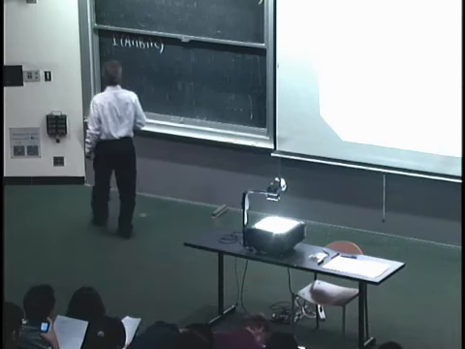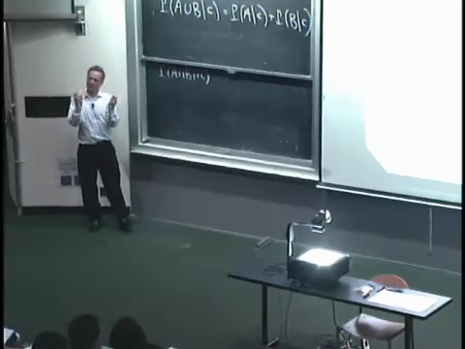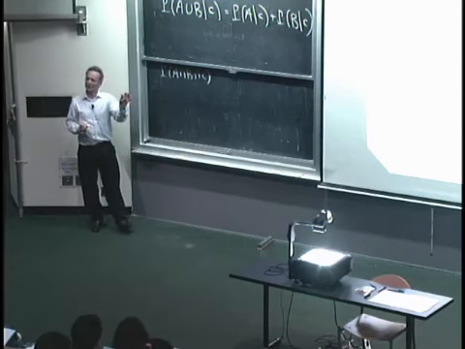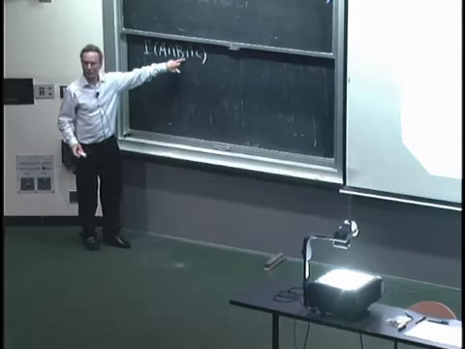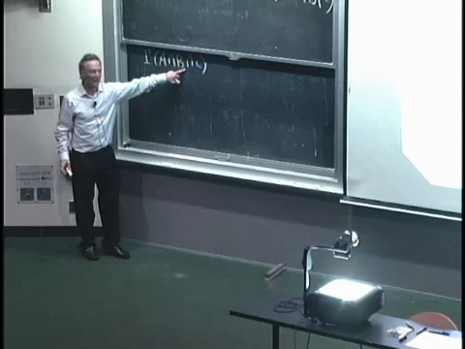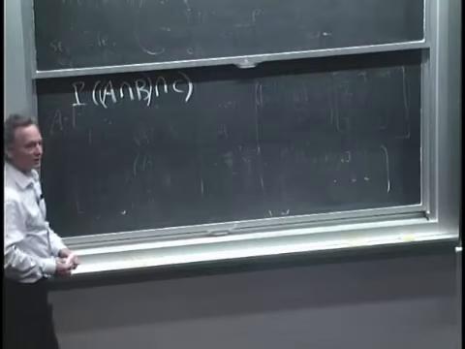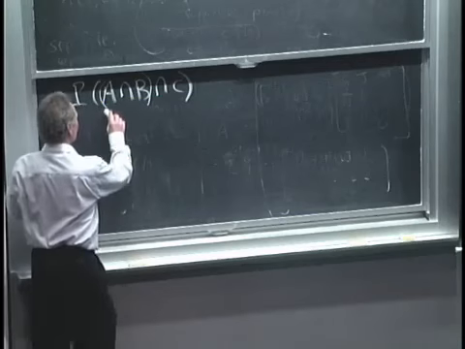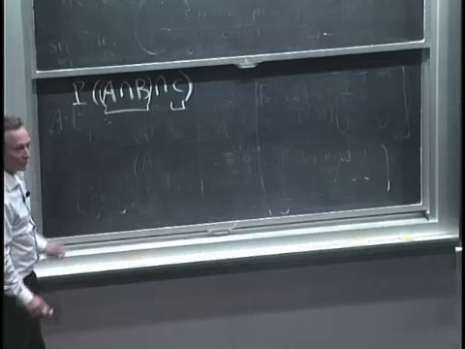OK, now, the definition of conditional probabilities tells us that the probability of two things is the probability of one of them times a conditional probability. Unfortunately, here we have the probability of three things. What can I do? Well, I can put a parenthesis in here and think of this as the probability of this and that, and apply our definition of conditional probabilities here.